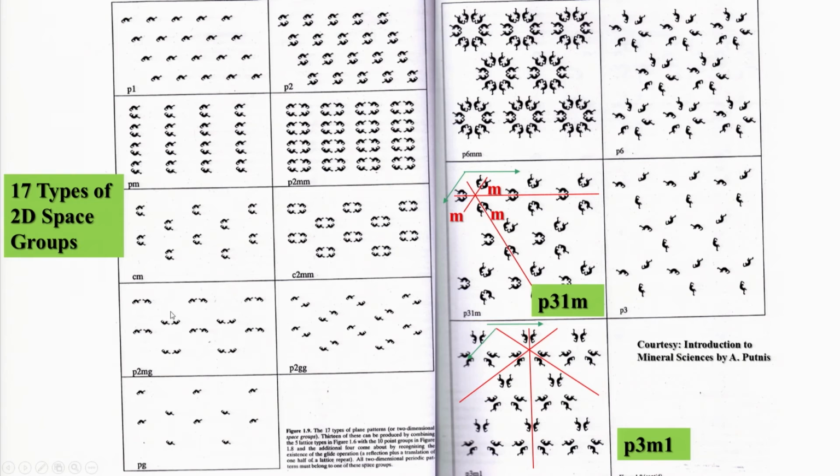If you have an intersection here, then this is the point of emergence of the two-fold axis. You see, if this is a dinosaur motif here, and it is rotated 180 degrees, this dinosaur will be coming here, and this dinosaur will be coming here. So, this particular part, where you have the combination of two-fold axis of symmetry, mirror and glide plane, has given rise to a space group, which we call P 2 mg.